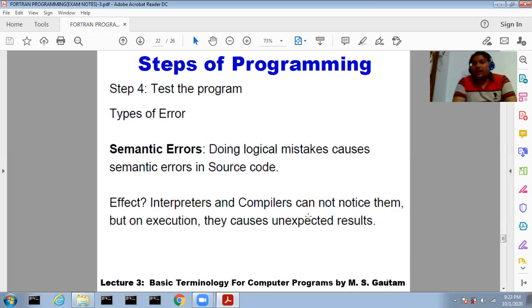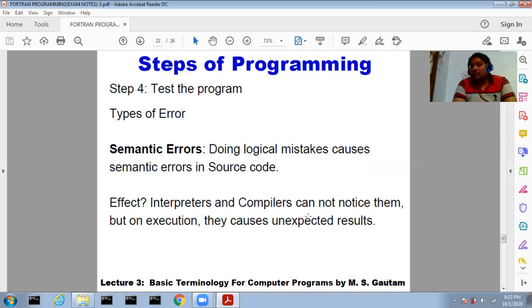The second type of error which we generally encounter during testing of program is logical error, or semantic error. Logical error means that it depends upon the logic of the program. If there are some logical mistakes, then there will be logical errors in the source code, in the computer code.